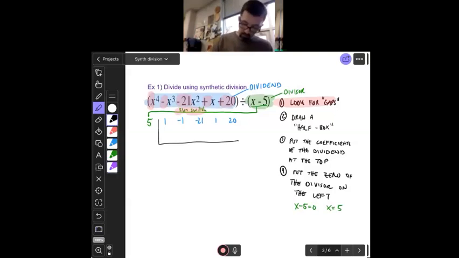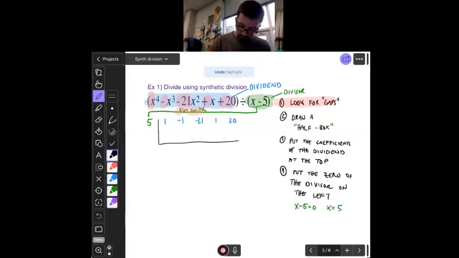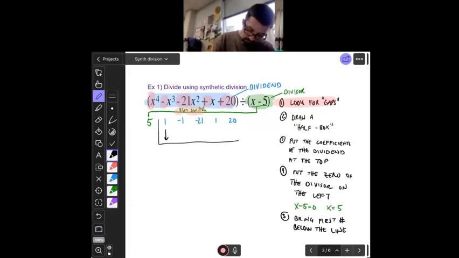Step 5 is how we actually start this. You just bring that first number straight down below the line. So that 1 just drops straight down.